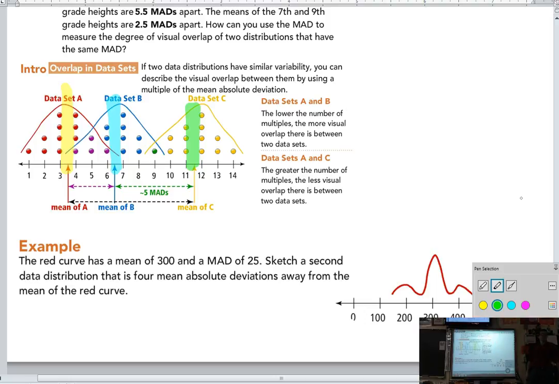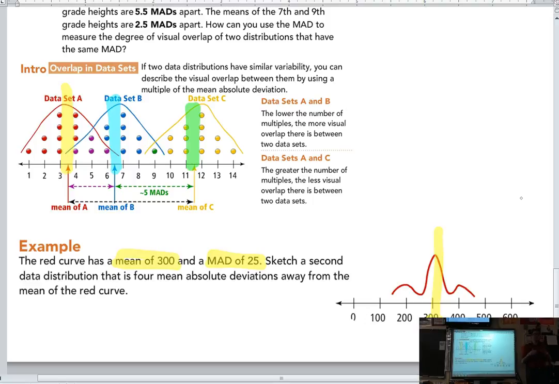So the last thing to wrap up 15.5 here: try to sketch a curve down here that would be 4 mean absolute deviations away. So we're told the mean absolute deviation is 25 for this set, and the average of it is 300. So this curve is set with an average at 300, and we know the mean absolute deviation is 25.